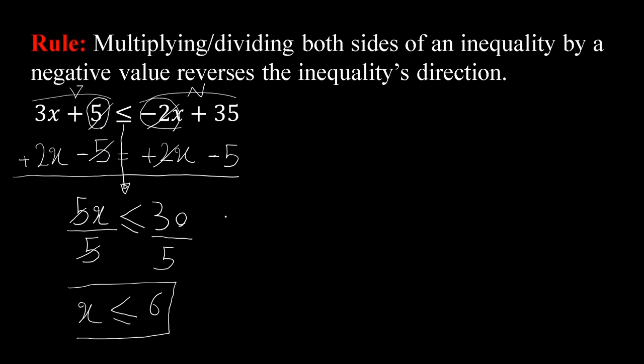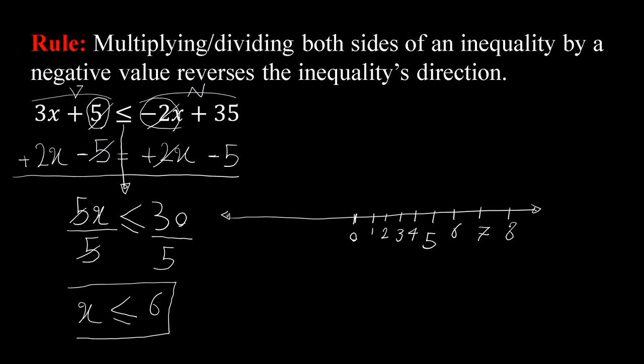Now I want to graph the answer. I will draw a one-dimensional axis and set this point as the origin. We are going to have 1, 2, 3, 4, 5, 6, 7, and 8. The answer is x is equal or less than 6.